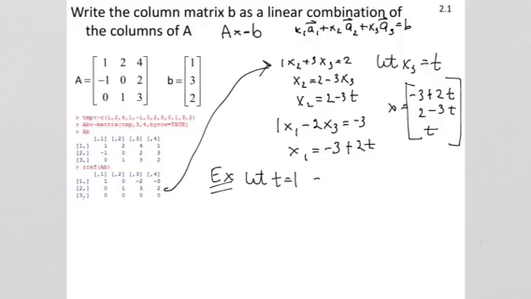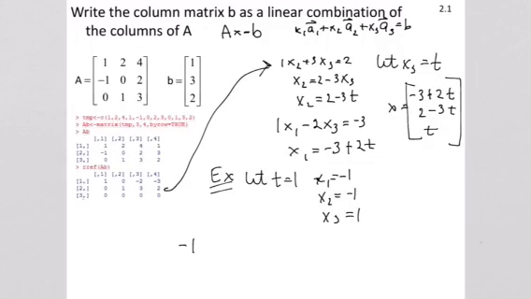As a particular example, we could let t be equal to 1. Then x1 would be negative 1, x2 would be negative 1, and x3 would be 1. So how would we write B as a linear combination of the columns of A?